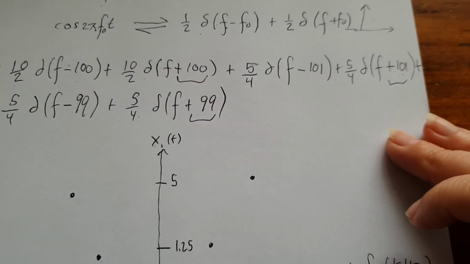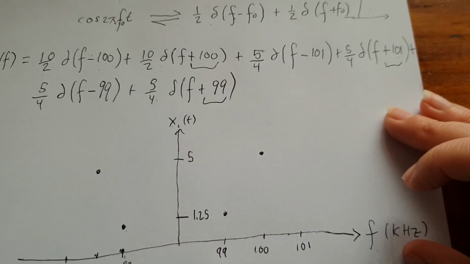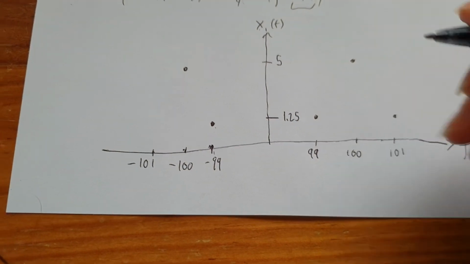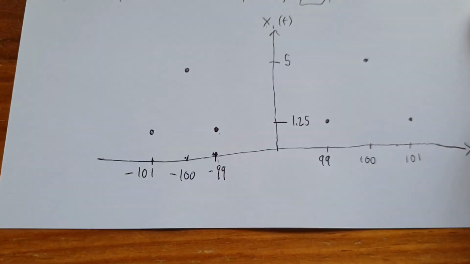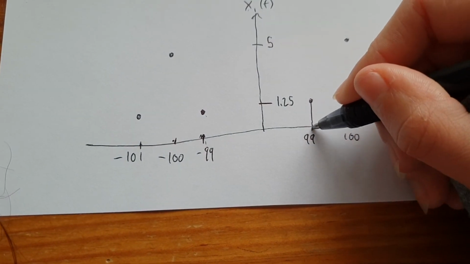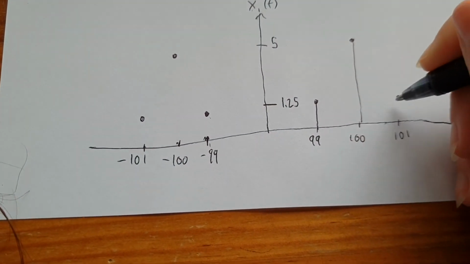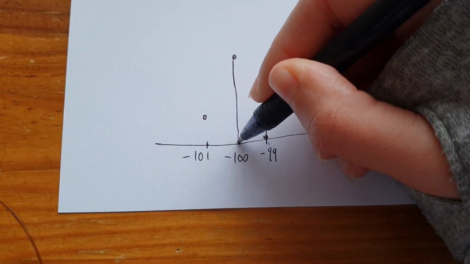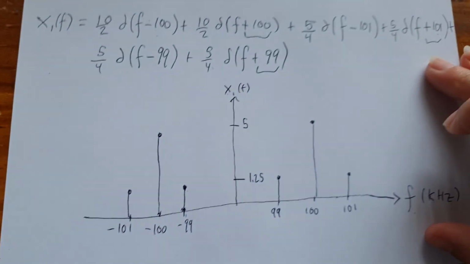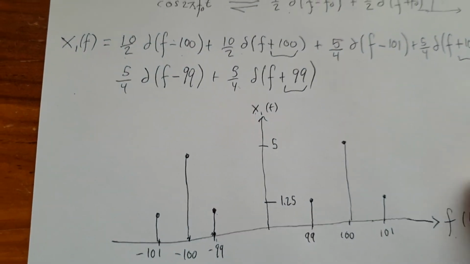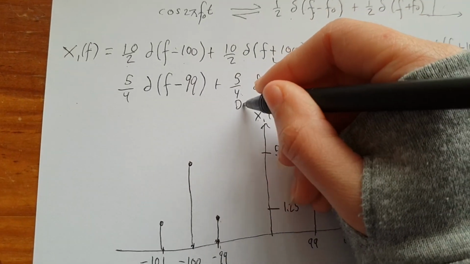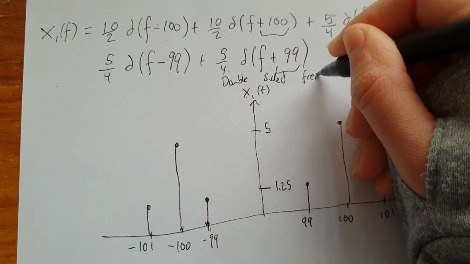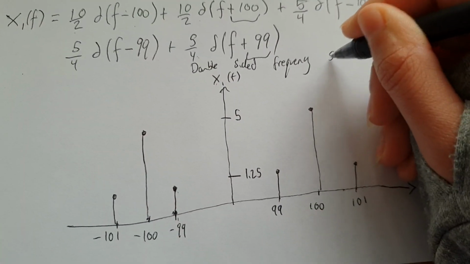And our 101s are also at 5/4. So now we just have to connect them up. And there you go. Now we have our double-sided frequency spectra.